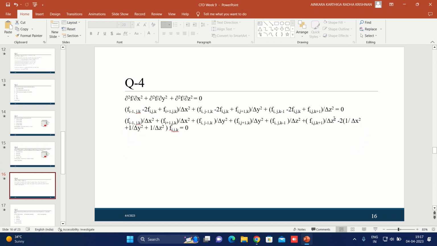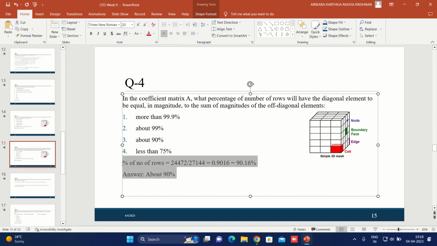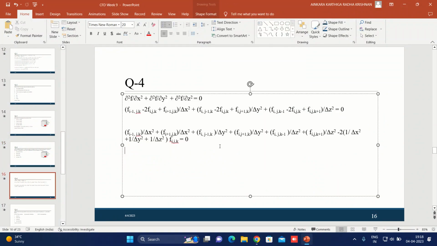In the discretized equation itself, we have 1 by delta x square twice, 1 by delta y square twice, and 1 by delta z square twice. So everything added up together gives the coefficient matrix when all the elements are present. This would happen when all the grid points are present.